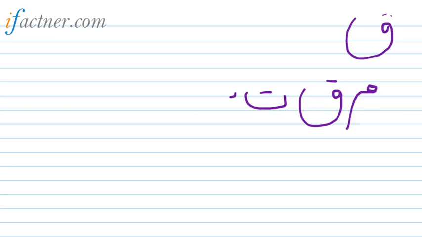And then let's see how do we use kaf in the middle of the word. We have got a word called maqtul. Meem, kaf, te, waw, lam. And it is written like this.